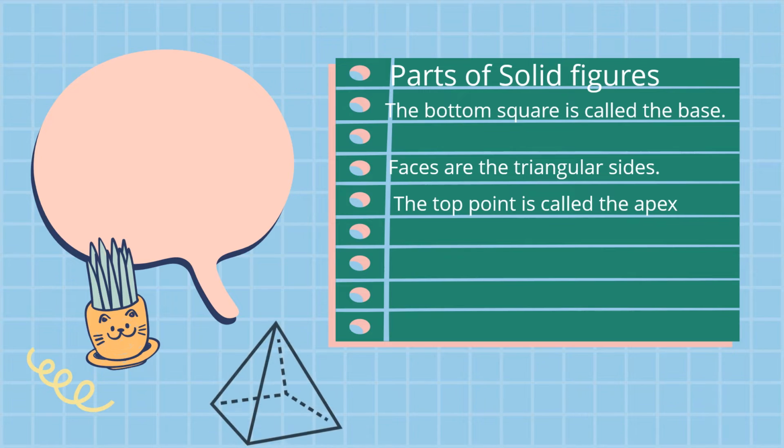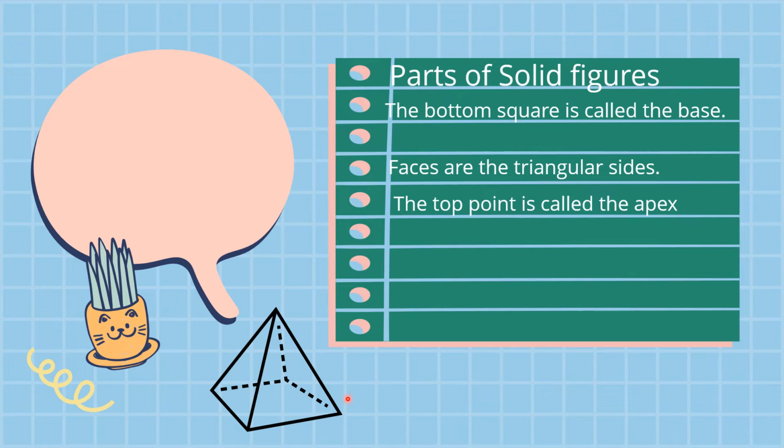Next we have a pyramid. The bottom square is called the base. This is actually a square pyramid. A pyramid is named based on what kind of base it has. If it is a triangle, that's a triangular pyramid; rectangular pyramid, like that.